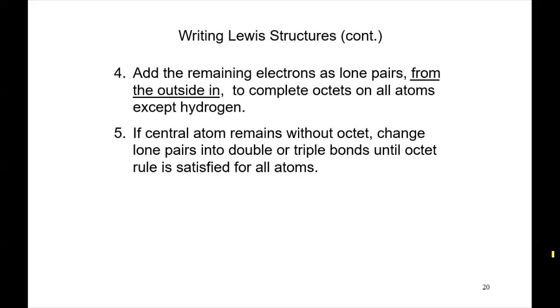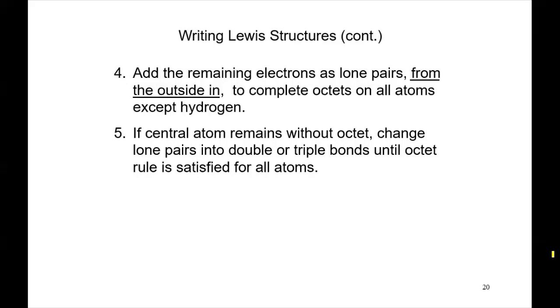And I work my way from the outside in. So I start by adding lone pairs to the outside atoms until I complete octets in them. And then I proceed to the next one and then to the next one. Of course, the exception is hydrogen, because hydrogen cannot take more than 2 electrons. And if it's already bonded, that's the 2 electrons that it has in the single covalent bond.